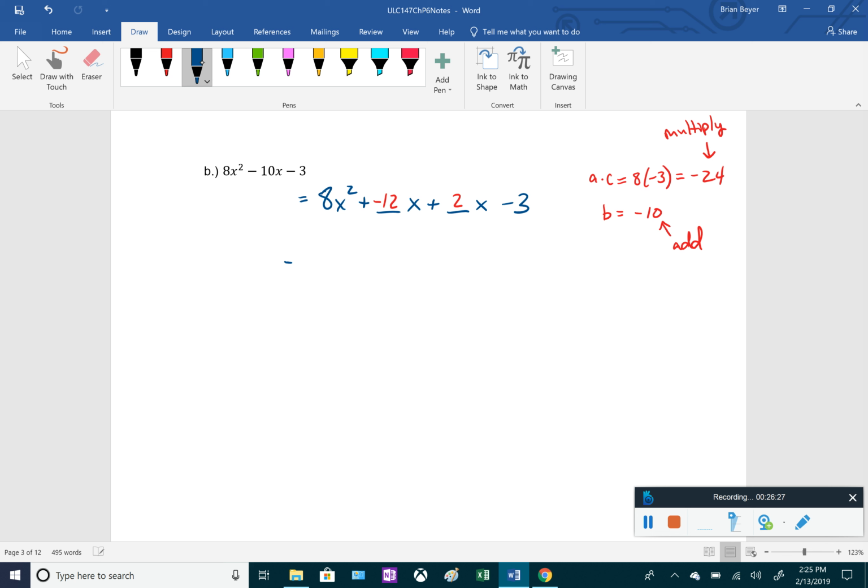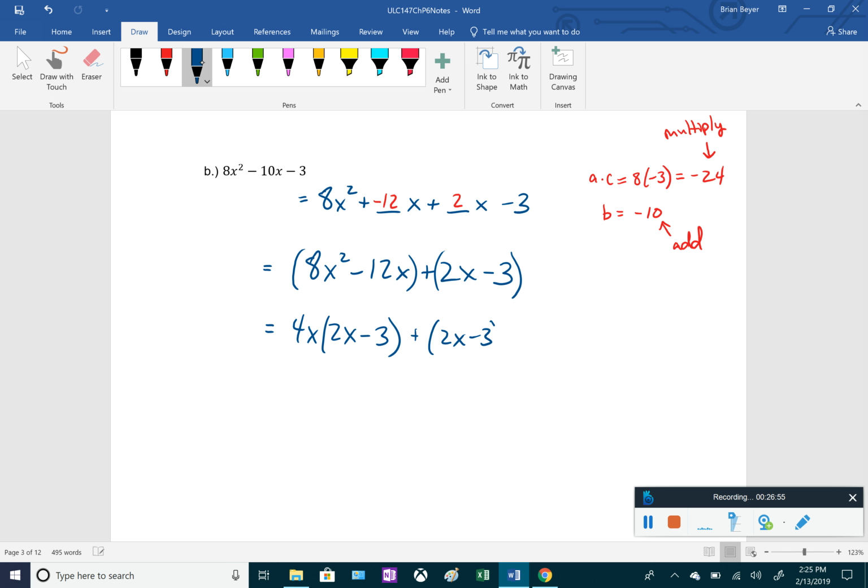So let's rewrite it to make it look a little cleaner: 8x squared minus 12x plus 2x minus 3. And we're doing this by grouping once again. So let's group the first two terms and group the second two terms. The GCF in the first one is going to be 4x, and we're going to be left with 2x minus 3. For the second term, we don't even have a GCF.